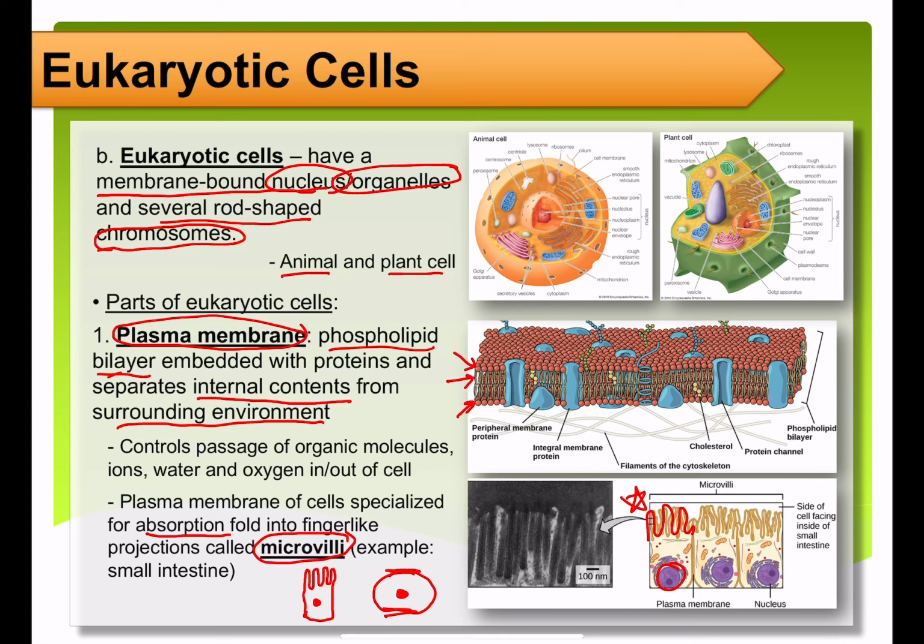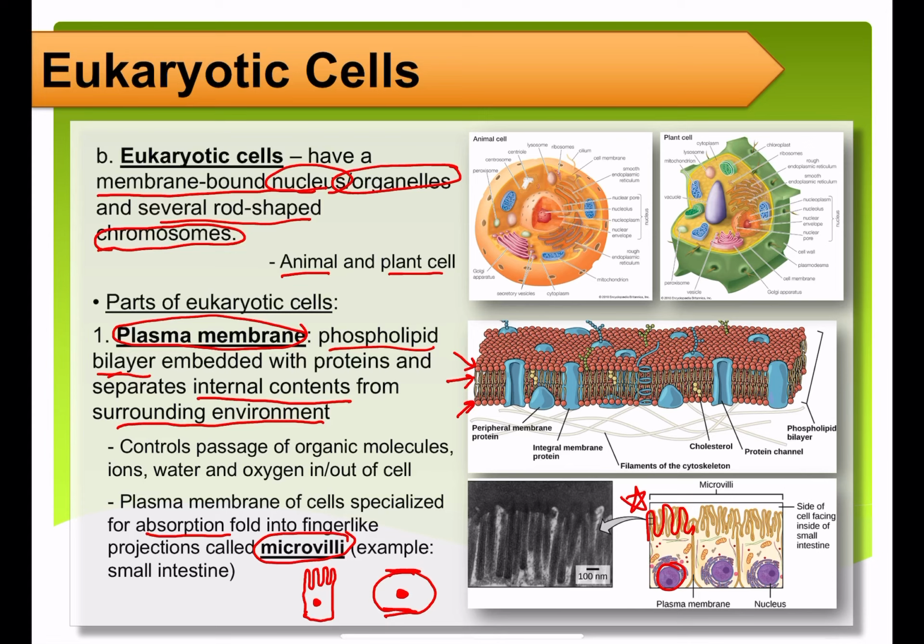When we're talking about absorption, we're usually talking about absorption of important things, and sometimes we want to have more space. The more surface area we have, the more absorption can happen. That's why, for example, our intestines have many cells lined with these microvilli, because that's the main area of the body that enables nutrient absorption from the food we eat.